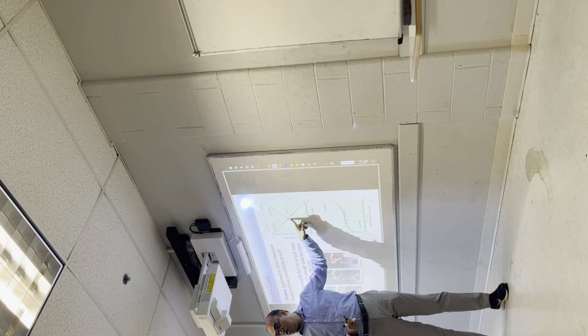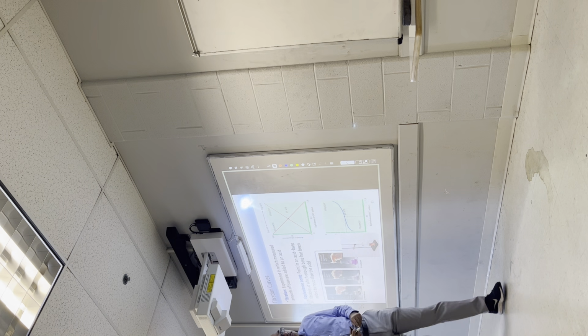This is called, and this happens at the value of Ka, pKa. Okay, pKa. So we are going to, let me explain it again. Everybody wrote this one? All right.